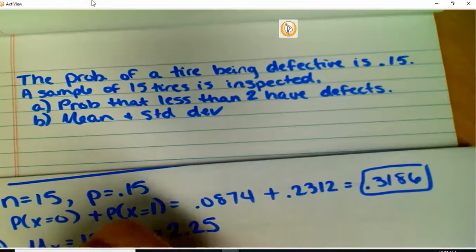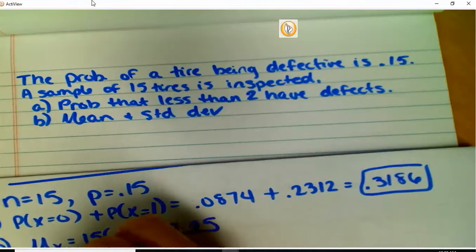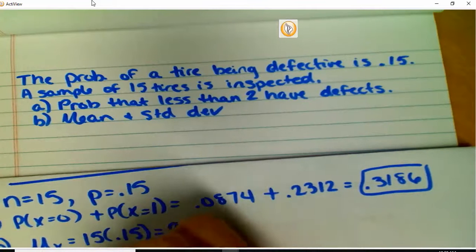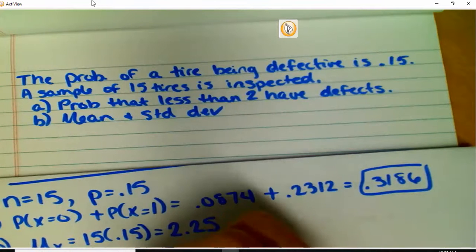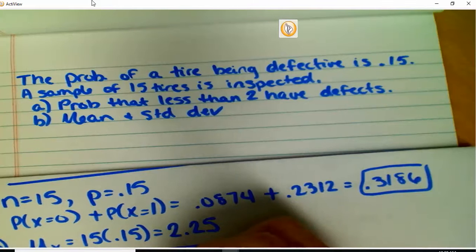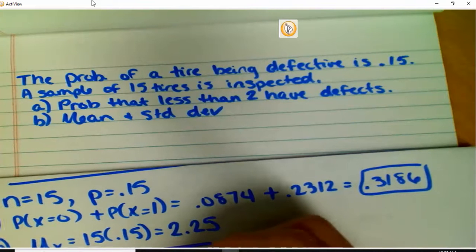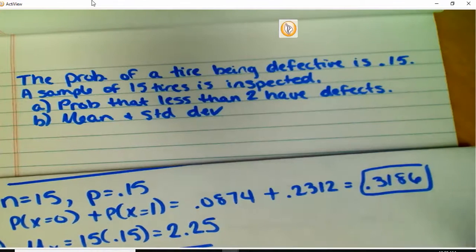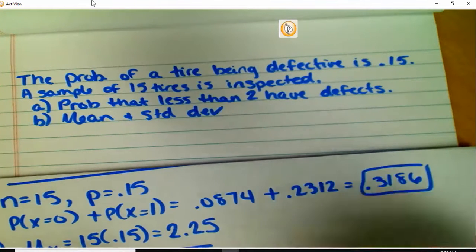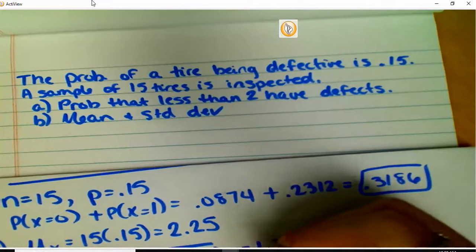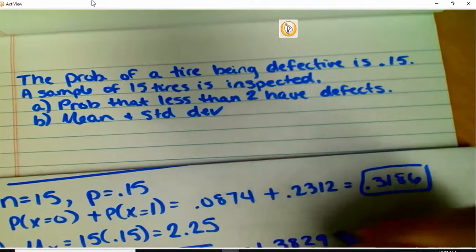Your standard deviation was the square root of n, so 15 times p, 0.15, times 1 minus p, so 0.85. I get 1.3829.